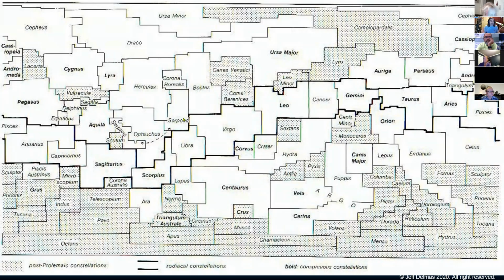Serpens Caput is the head of the serpent and Cauda is the tail. Frankly, I always forget which one's which. Yeah, it can be confusing.